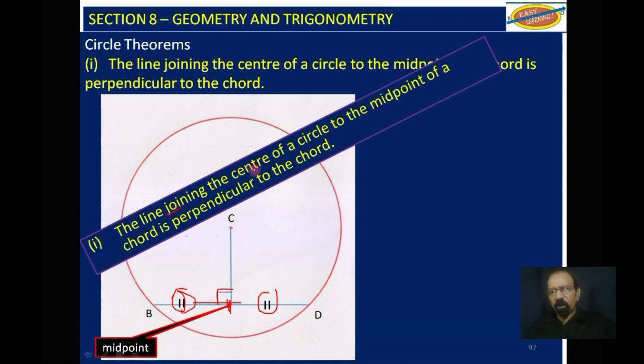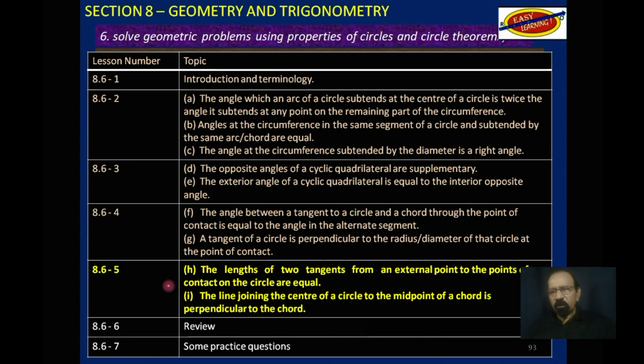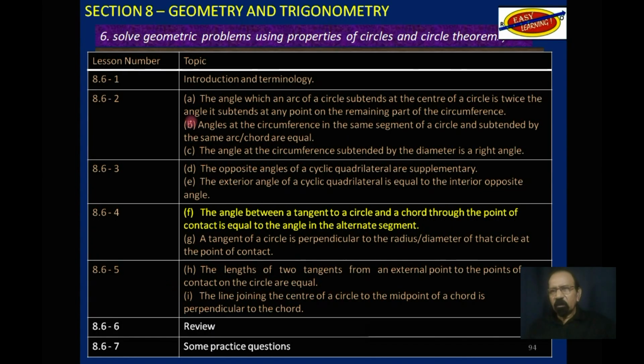So the line joining the center of a circle to the midpoint of a chord is perpendicular to the chord. So we just finished that. So as of now, we have completed all of that. This one is in yellow because that is the most difficult one to use.